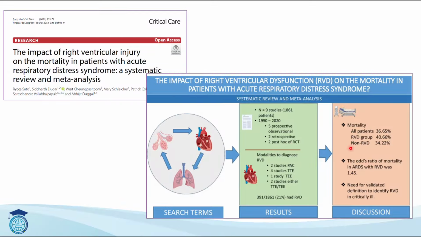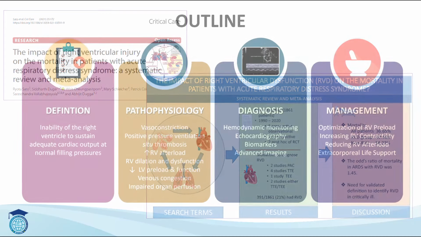In the group with right ventricular dysfunction, mortality rate was 41% compared to a mortality rate of 34% if the RV was not dysfunctional. The odds ratio of mortality was 1.45, meaning that those patients with RV dysfunction had a 45% increase in mortality compared to patients with ARDS but no RV dysfunction.